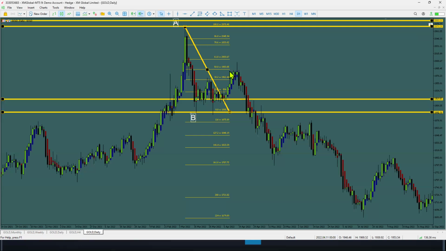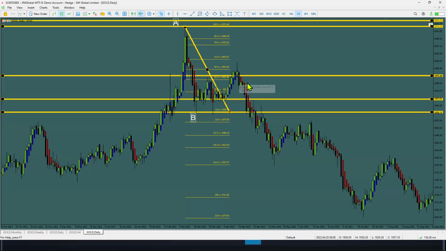Because the market comes to 50 or comes to 38.2, and then the market starts selling, we said we will take our sell here, any of these places here. We'll put our stop loss above the A, and we'll put our take profit where? 161.8, right here. Did the market get there? Yes, it did. Finish. As soon as the market gets there, automatically your trade closes.